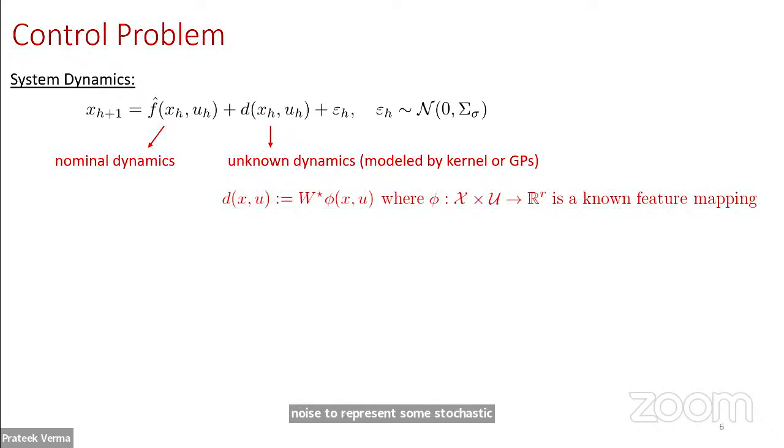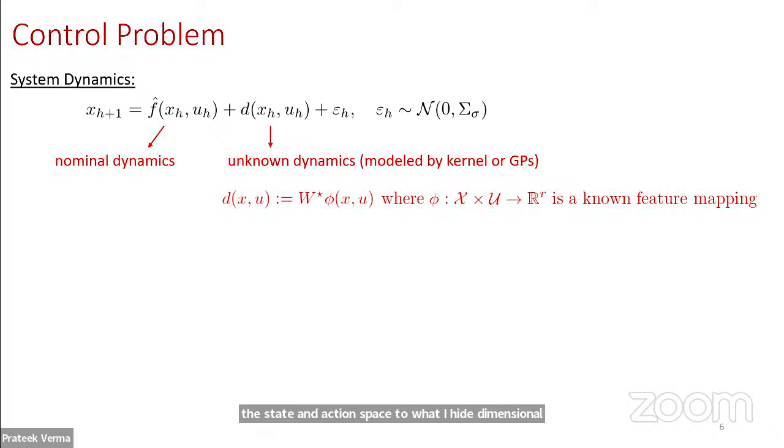So with that, in this work, we assume that this unmodeled system dynamics could be represented by a linear mapping over a known feature mapping space. You can consider this phi as a high dimensional embedding representing a known feature mapping from the state and action space towards a high dimensional embedding space.